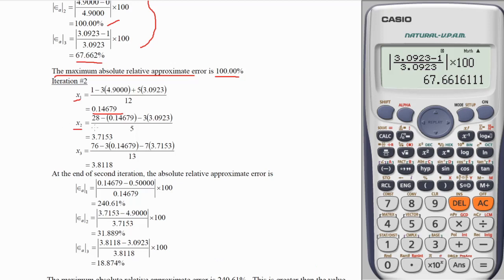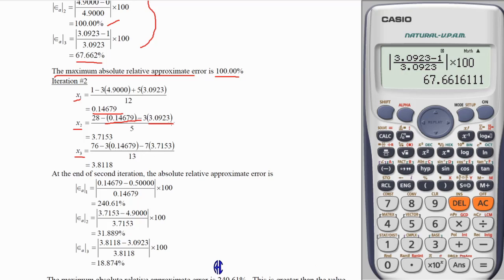Same with x2, 28 minus yung bagong value natin po, 0.14679 minus 3 times yung x sub 3 natin 3.0923 over 5 which is equivalent to 3.7153. The next is x sub 3. 76 minus 3 times yung value ng x sub 2 natin 0.14679 minus 7 times x sub 3 natin which is 3.